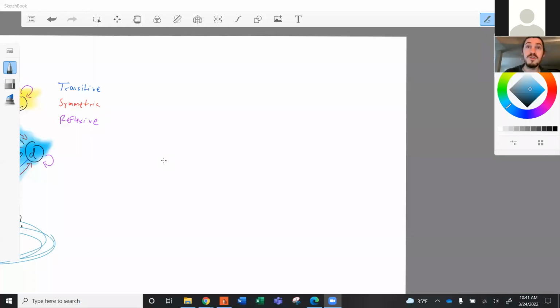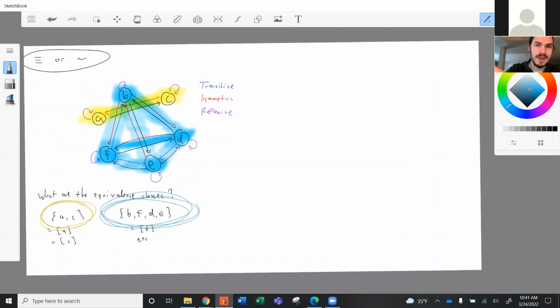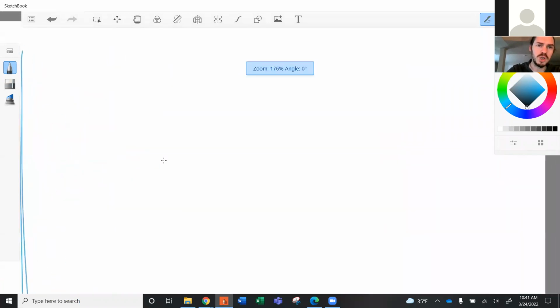So I just wanted to introduce to you all one other special type of relation. We've put out there these special things called equivalence relations. There's another special type of relation, of course, called a function that we already learned about a while ago. Functions are a special type of relation that satisfy a special rule. But then there's another special type of relation I want to tell you about, which is called a partial order.